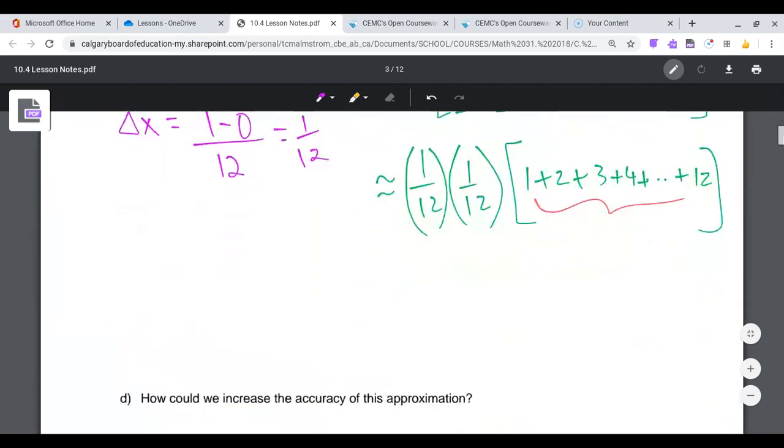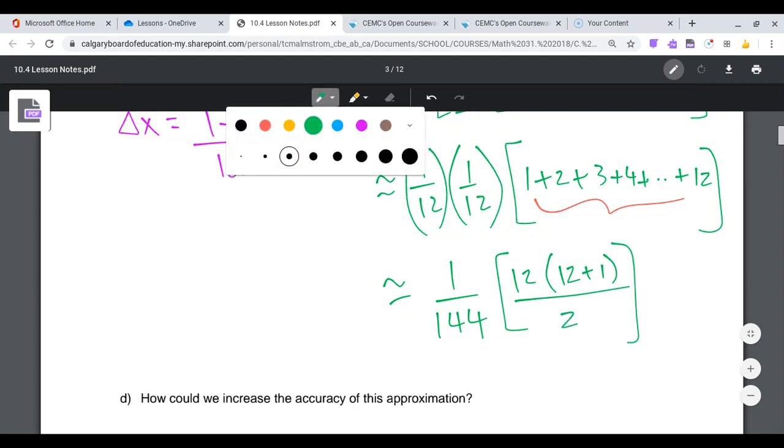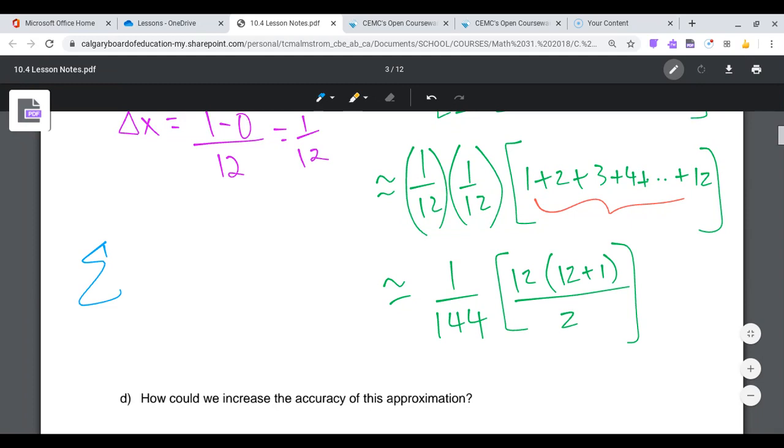So this would be equal to 1/12 times 1/12, which is 1 over 144. And then this is using that formula: n is 12 times n plus 1, so 12 plus 1, all over 2. Okay, so I'm just going to write that over here. We have the sigma notation of i equals 1 to n of i is equal to n times n plus 1 over 2.